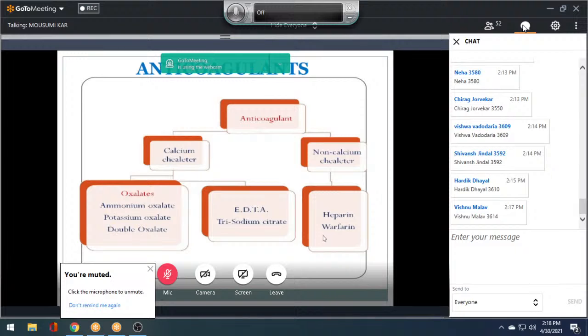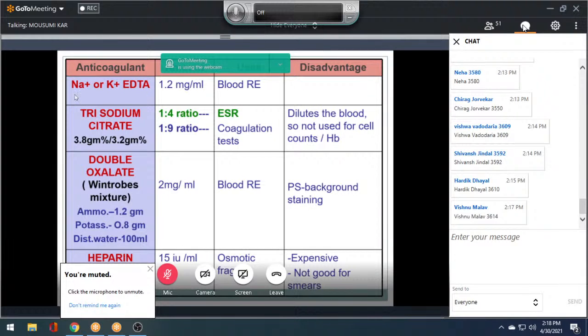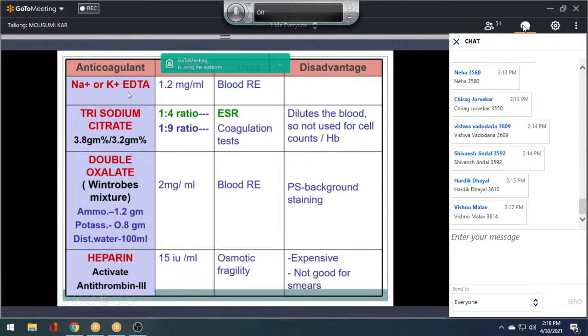So for the blood routine, the most commonly used anticoagulant is the sodium or potassium salt of EDTA. Lithium salts are also available, but most commonly used are sodium and potassium. They are used at around 1.2 mg per ml. Then we have trisodium citrate, which is available in two concentrations: 3.8 gram percent and 3.2 gram percent.